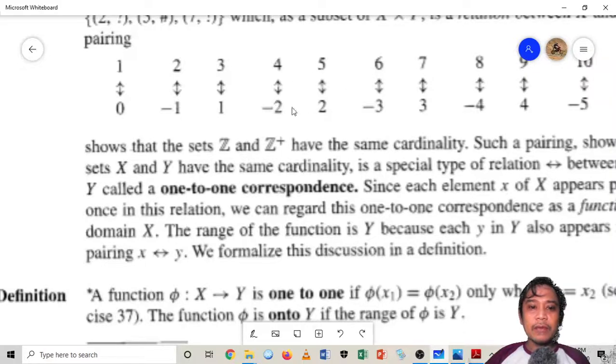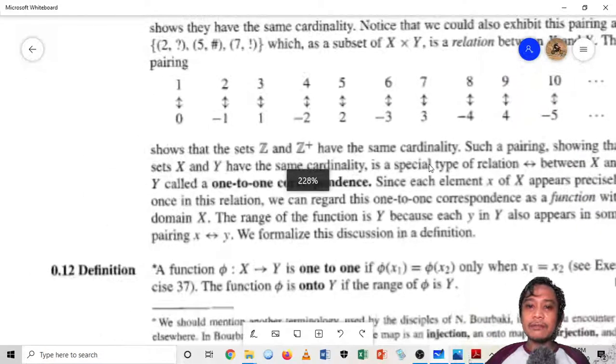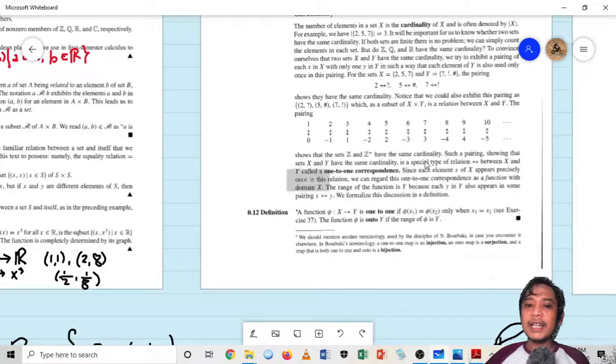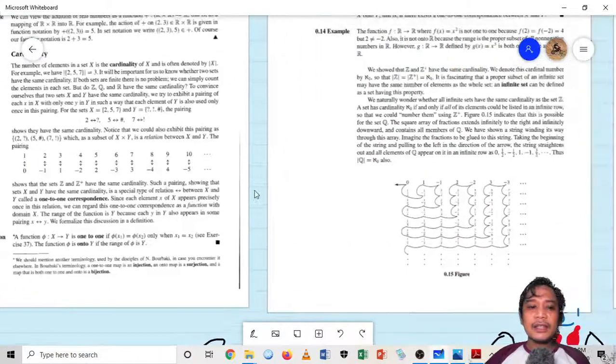In other words, there would be a one-to-one correspondence between the set of integers and the set of positive integers. So there is a function pairing the set of integers one-to-one onto the set of positive integers. So by definition of sets having the same cardinality, we would say that Z has the same cardinality as the positive integers Z plus.